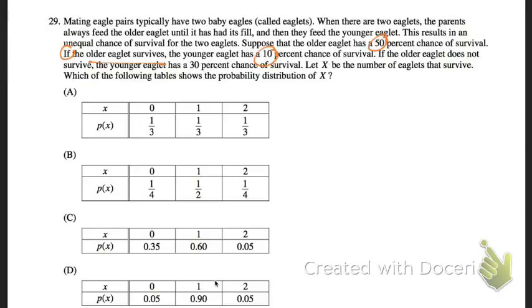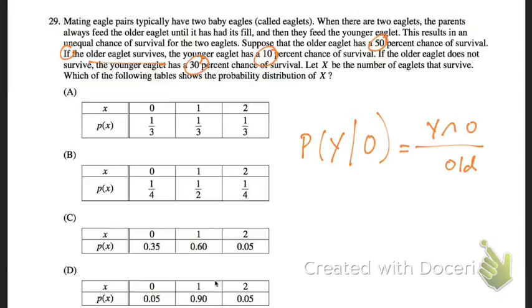If it does not survive, the older eaglet has a 30% chance of survival. So if you use the conditional probability, the probability that younger survives given older survives is younger and older over the older surviving.